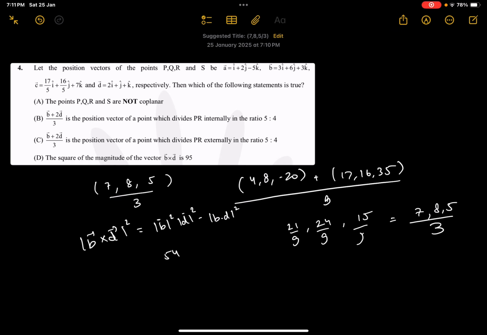The magnitude of D squared is 6. B dot D is 6 plus 6, 12, plus 15, so (B dot D) squared is 225, which gives 324 minus 225, which is equal to 99, which is not equal to 95. So D option is incorrect. So answer is B.